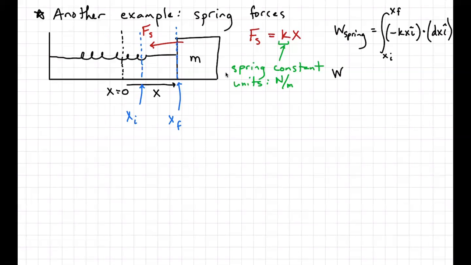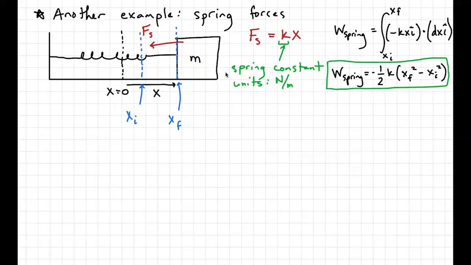We take that dot product and we just get minus kx dx, and you can prove to yourself that what you'll get if you do this integral is minus 1/2 k times x final squared minus x initial squared. I did a couple steps there, but I'll just do it quickly like that. So this is the work done by a spring.